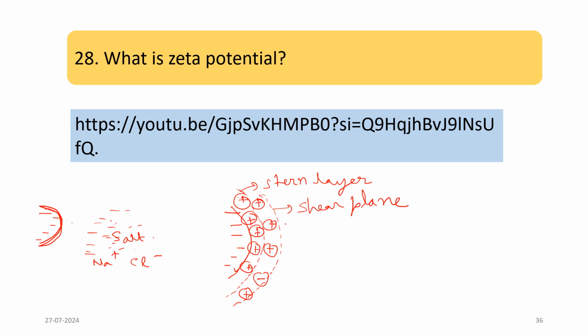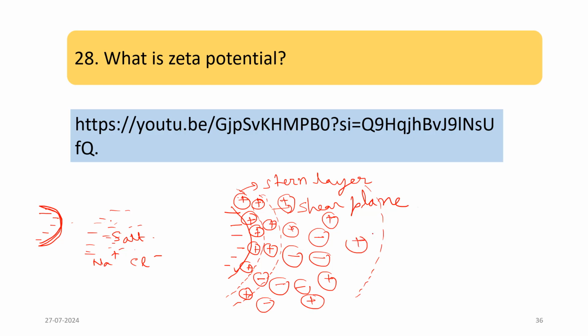After this also there are layers of charged particles. Maybe minus is coming in a larger way now. This is minus, this is minus, then there is a layer of minus, then plus, minus, plus. Up to this layer there is a charge distribution like this, and after that, in this zone, there is an equal number of positive and negative ions.